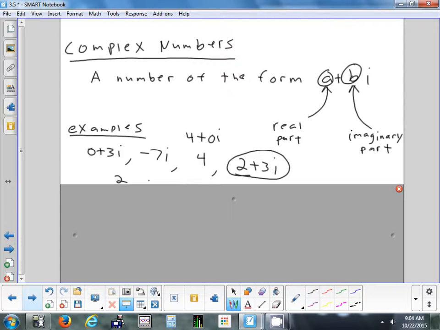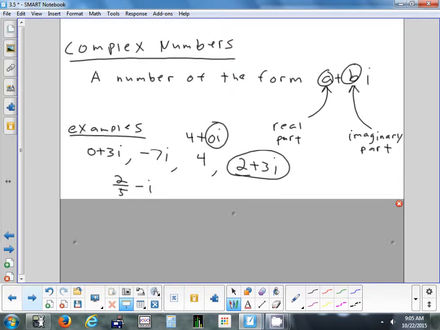So technically, every single number that you've studied up until now is a complex number. We usually don't talk about this part till you get to algebra 2. We just say this part's always 0, and we don't even tell people it's there. If you told a first grader that the number 4 could be written as 4 plus 0i, their head might explode. So we don't talk about it. We just say it's 4. We don't even talk about imaginaries.